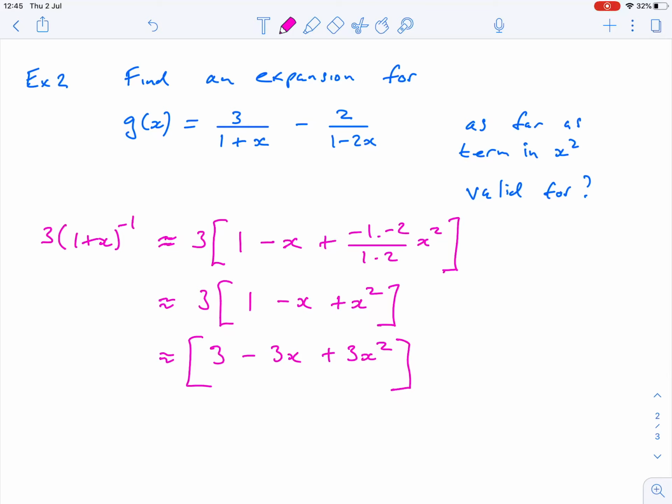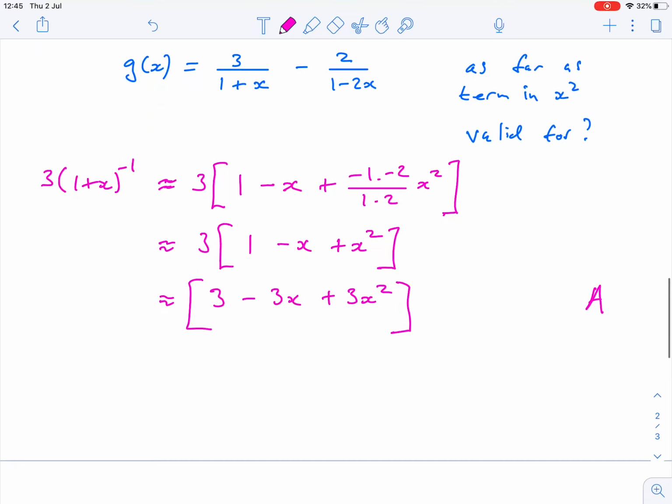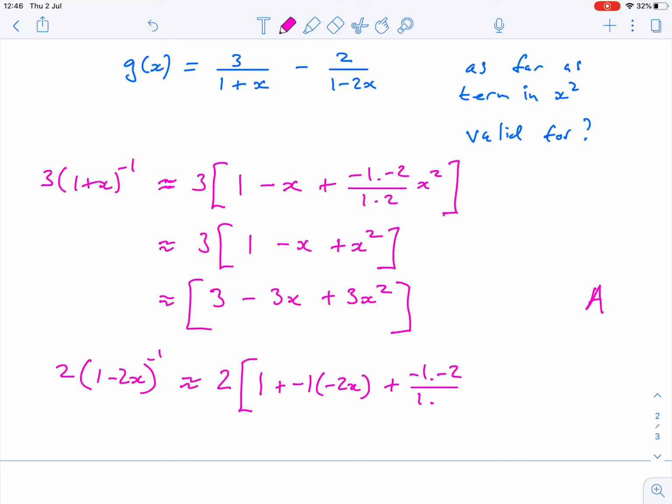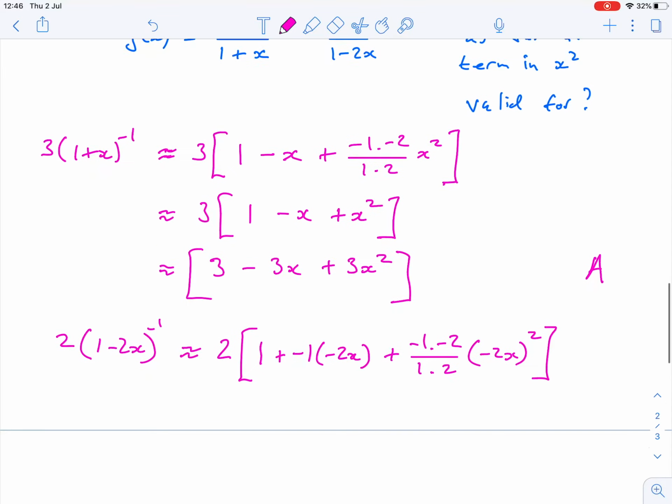So let's call that A. And the other one is 2, so I'm ignoring the minus sign at the moment. 2 times (1 minus 2x) to the power minus 1 is approximately 2 times 1 plus minus 1 times minus 2x plus minus 1 times minus 2 over 1 times 2, times my (minus 2x) squared, and that's as far as we're going.